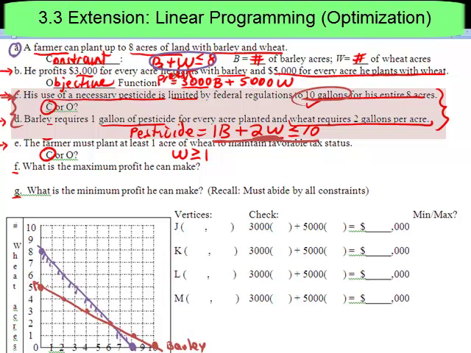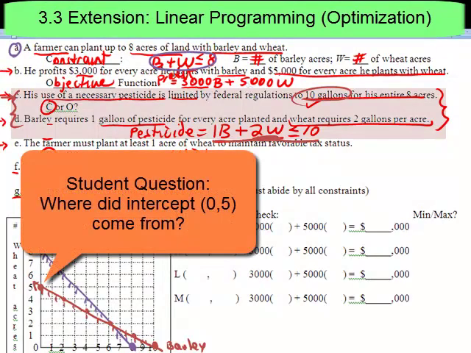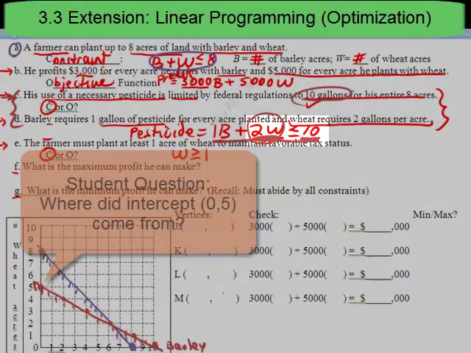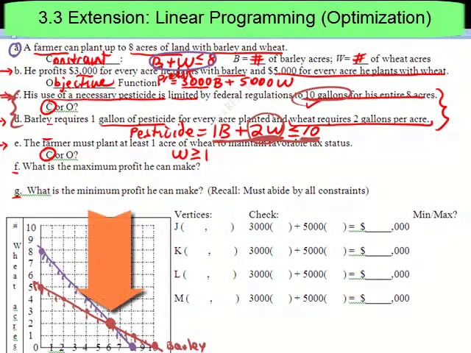Are we shading above or below? Below. The W-intercept is 5 because we're comparing it to 10 right here. Put 0 in for B and you get 2 times 5 is less than or equal to 10. You can see you do have a vertex right there, which we'll get to in a second.